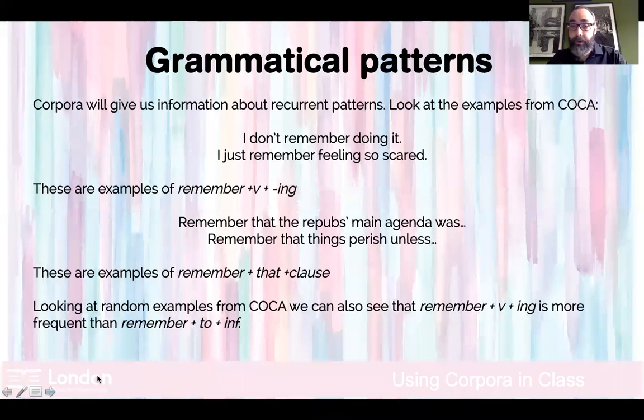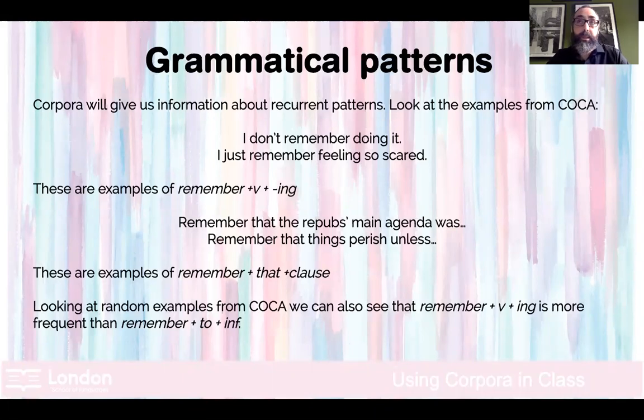The other very, very interesting thing is, for example, that we can check grammatical patterns for certain words, okay? I mean, in course books and so on, we know that, for example, if we take remember, we usually teach remember as going with ing, as going with to, as going with that, etc. But again, how do we know that?